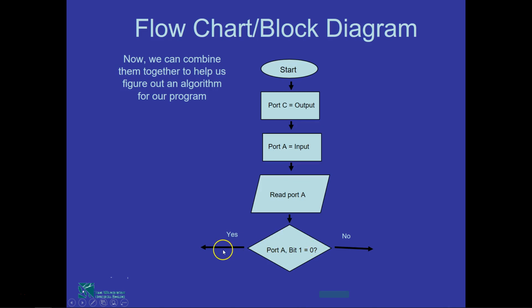If it is 0, yes, then go to the next instruction. If it is no, then go to some other instructions. So you see how we can use these 4 basic boxes in a flowchart, and each of them has its meaning.